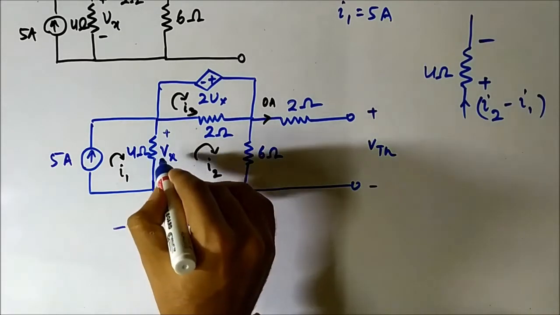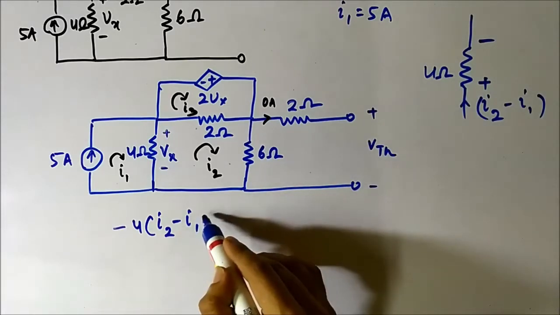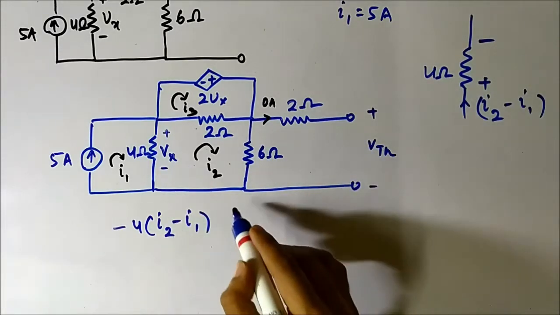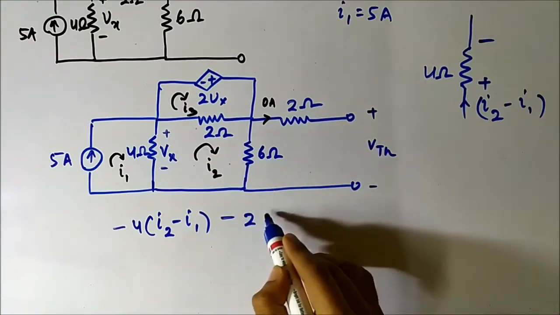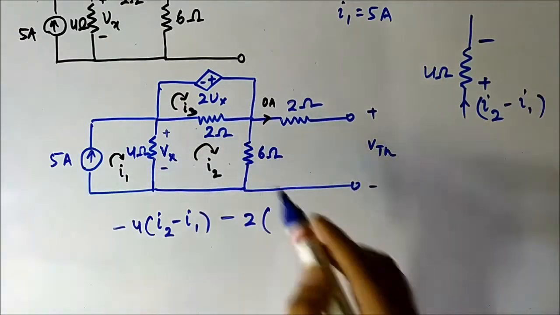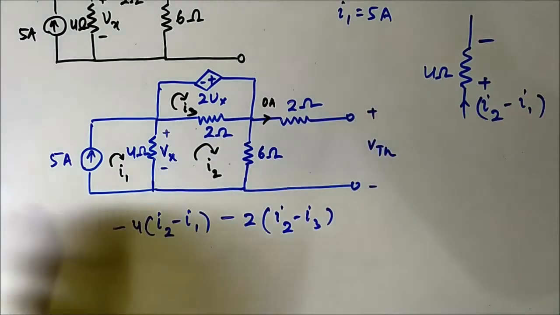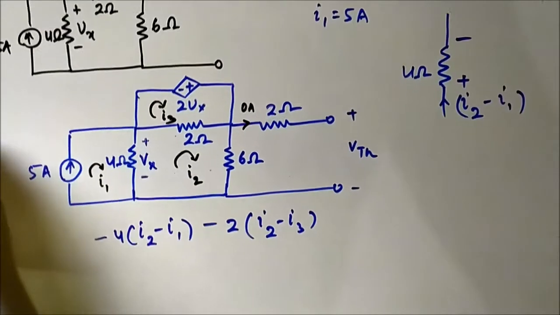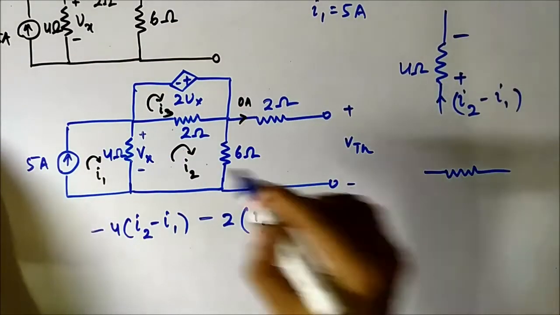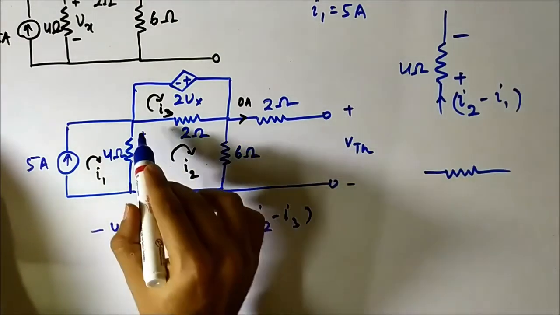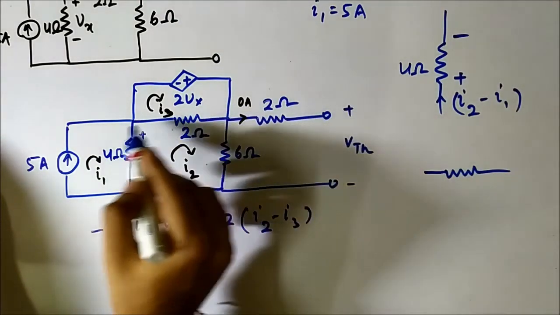Do not confuse this with Vx, that is different. Here minus 4 into I2 minus I1, minus, same here, 2 into I2 minus I3, for the 2 ohm resistor. Through the 2 ohm resistor, I2 is flowing from left to right and I3 is flowing from right to left.